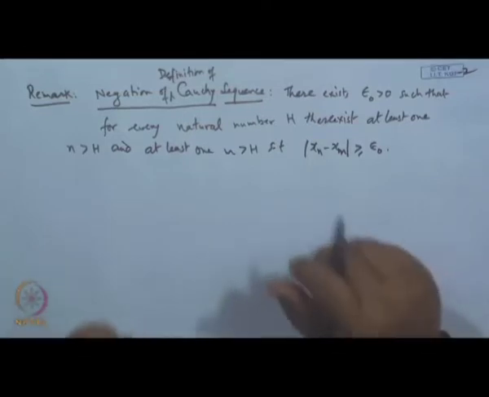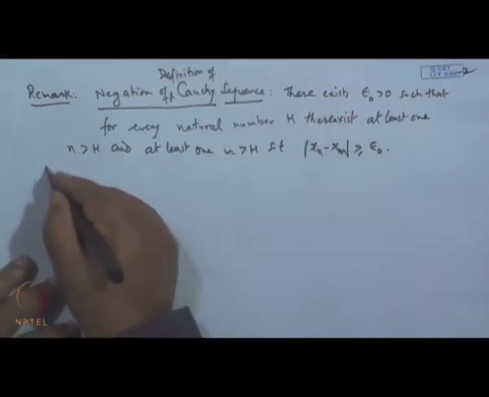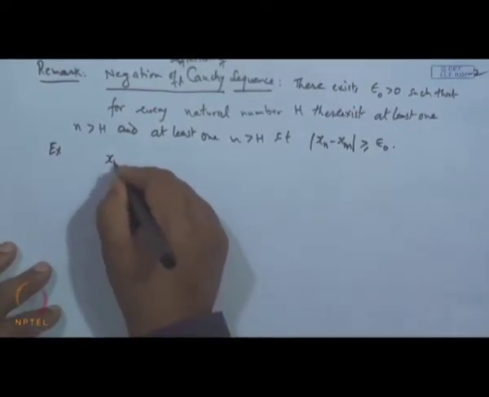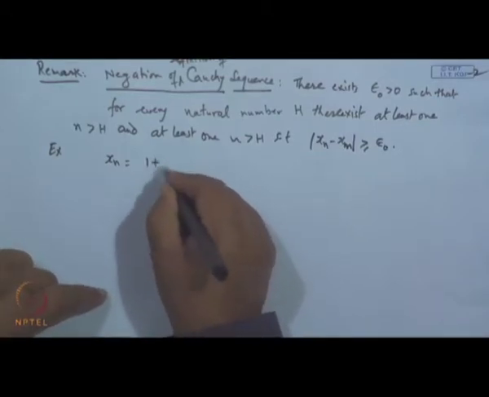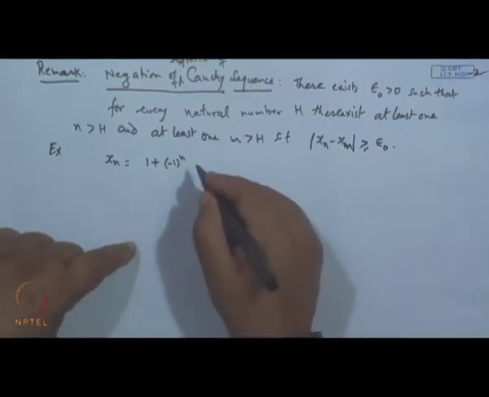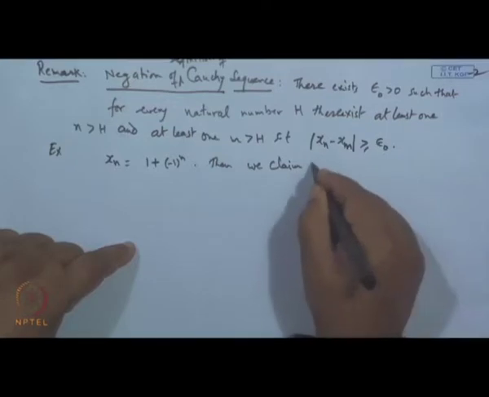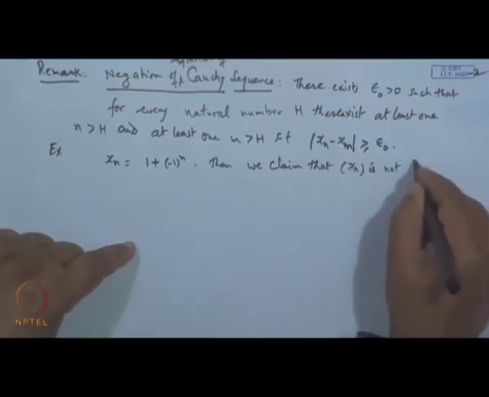It means, if you want to show the sequence is not Cauchy, then this criteria must be satisfied. For example, if we take this sequence, say x n is the sequence 1 plus minus 1 to the power n, then we claim that the sequence x n is not Cauchy.